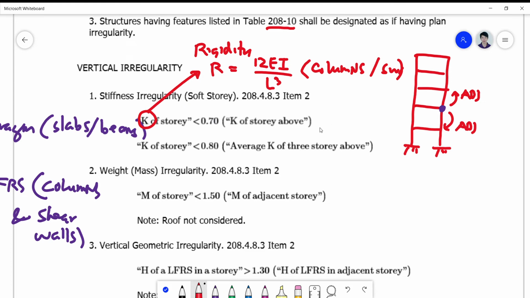So that's the meaning of this. You have to check each condition. If it passes here, you check the second: if the K of the story is less than 80% of the average of the K of the 3 stories above. Of course, if there's no more story above, that's not applicable.